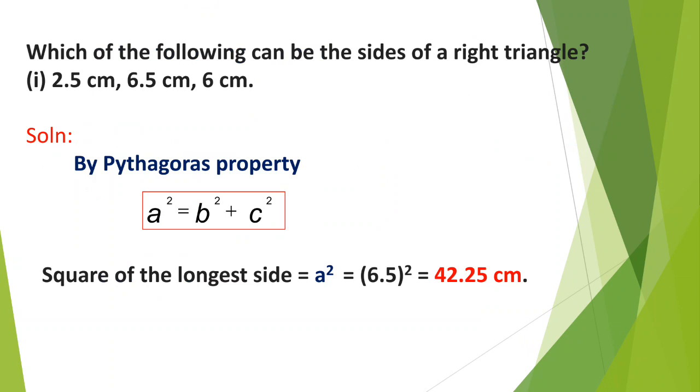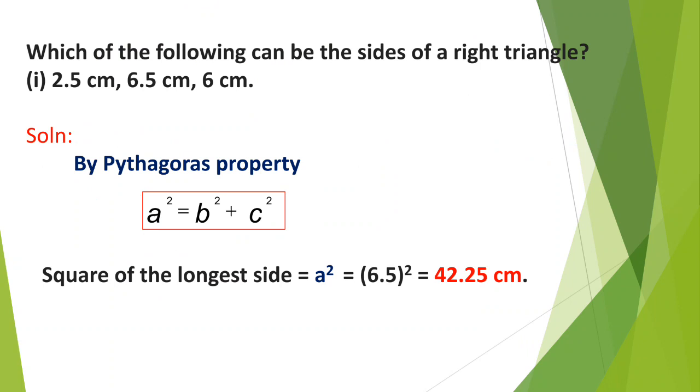6.5. Square of the longest side, hypotenuse A square, is 6.5 square. We have to multiply 6.5 2 times. When we are multiplying two decimal numbers, we count the digits after the point.